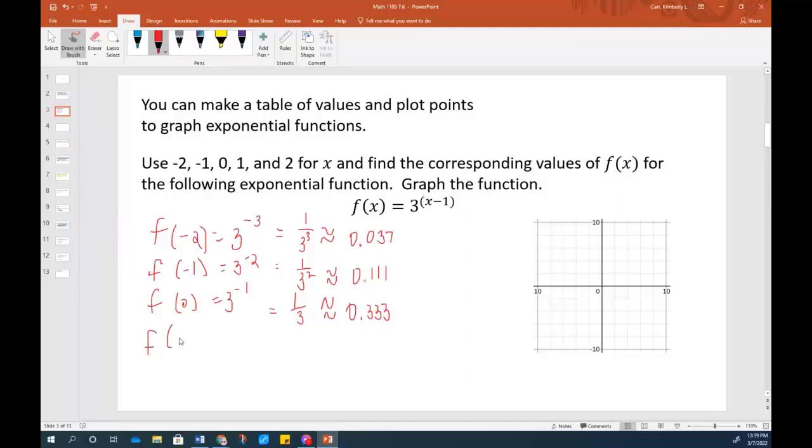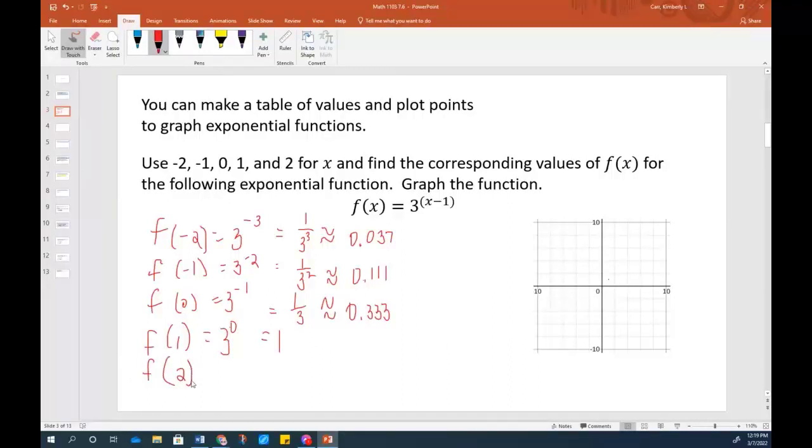F of 1. 1 minus 1 is 0, because we've got that -1 up there. Anything raised to the 0 power is 1. Hey, that's not a bad point. I like that one. F of 1 is 1. If I go over 1, I can go up 1, and I have a dot there to put.